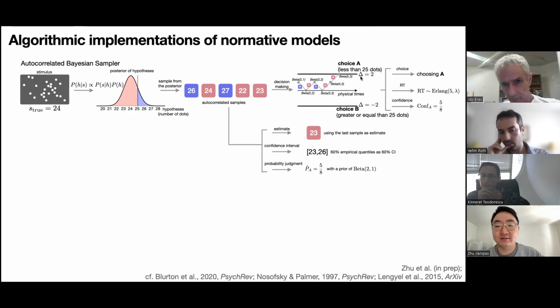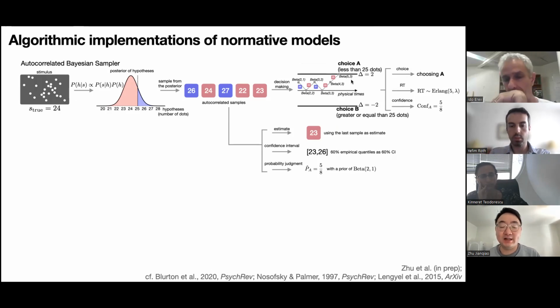So here, the threshold is 2, which means whenever we have 2 more samples supporting either side, we terminate the sampling process. And you can see here the trajectory of the accumulation process. And then in the end, we got beta 5, 3 as the posterior of the evidence. And that's when the process got terminated.